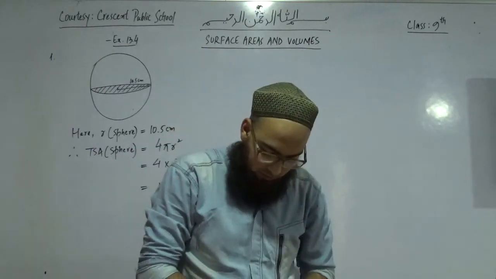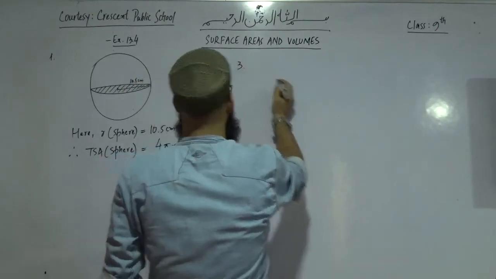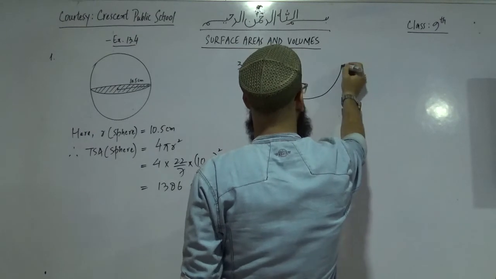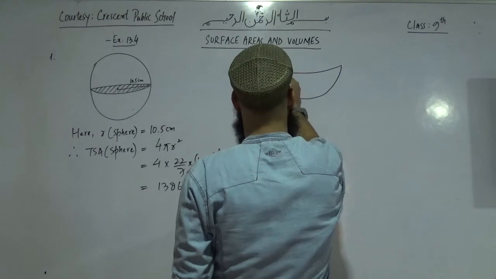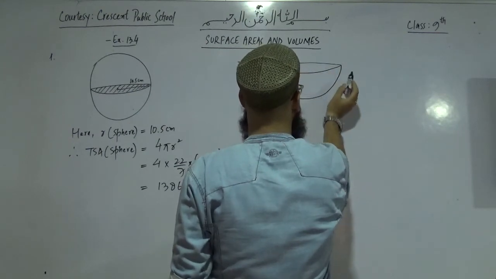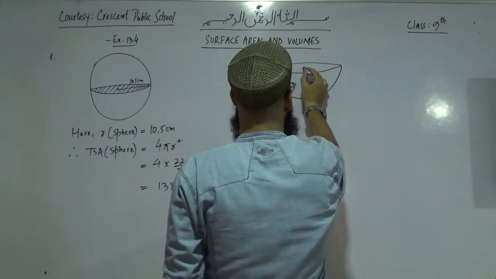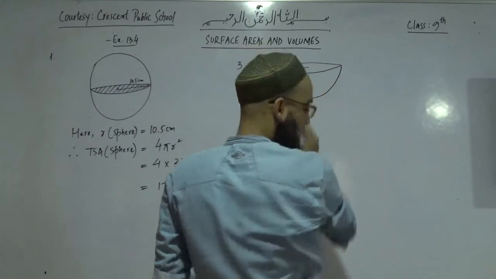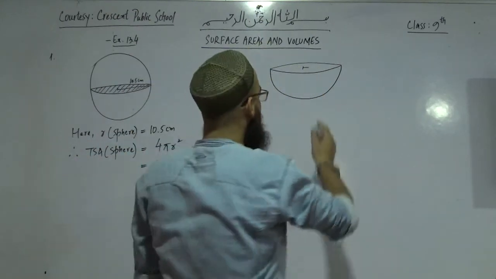Use pi 3.14. Question number 3, I'll show you. You have a hemisphere. Radius is given. How much? Radius is 10 centimeter.